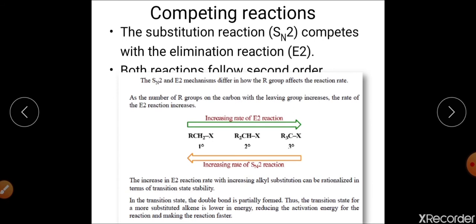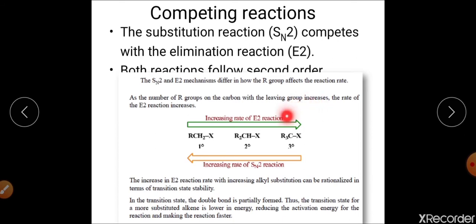On your screen you can see these are the different types of alkyl halides: primary, secondary and tertiary, and this is the increasing rate of E2 reaction, and this is the increasing order of SN2 rate. How can we say that this is the increasing rate of E2 reaction? The tertiary halide has the highest rate of E2 elimination reaction.